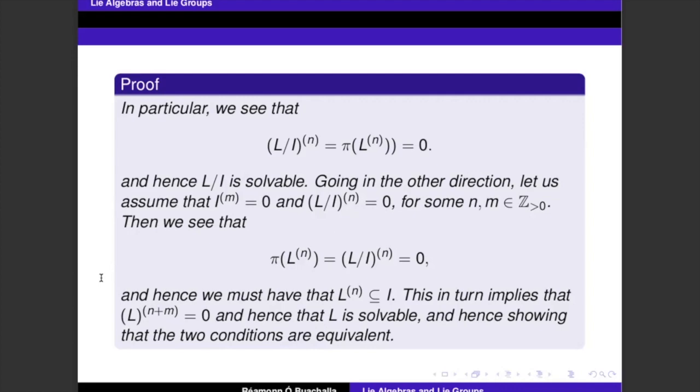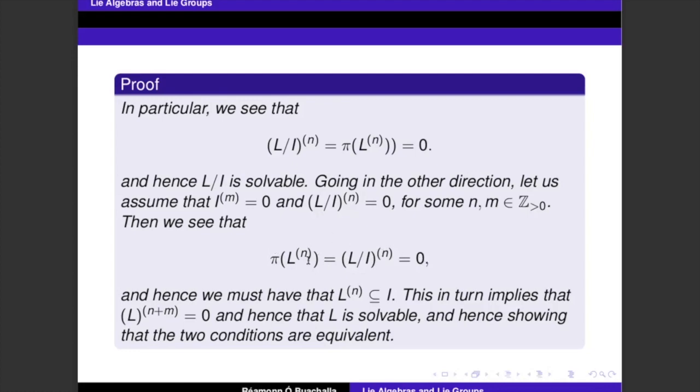Then from this, we see that operating on pi of L to the n, by the general result that we proved by induction in the last slide, we see then that it's equal to this, which is equal to 0.